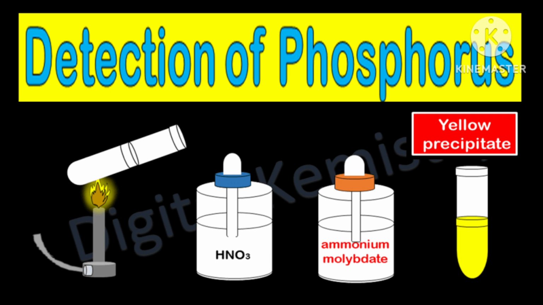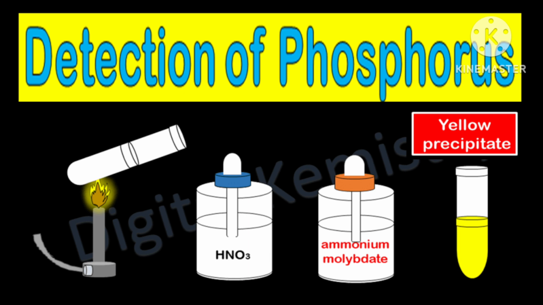H2O2 is hydrogen peroxide; in the place of H, you take Na, giving sodium peroxide. Then heat the compound with sodium peroxide. It is an oxidizing agent, so it will oxidize. The phosphorus present in the compound is oxidized to phosphate.